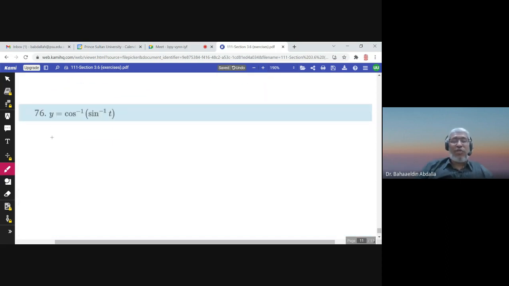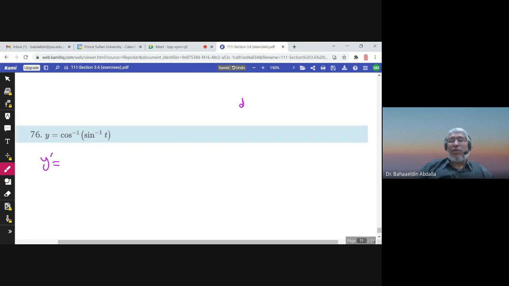I have composition. Derivative of cosine inverse, remember, d by dx of cosine inverse u is negative 1 over square root of 1 minus u squared times u prime.